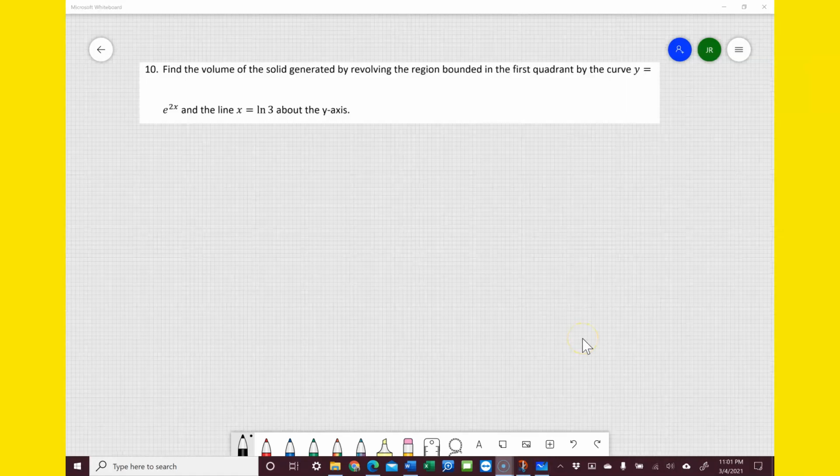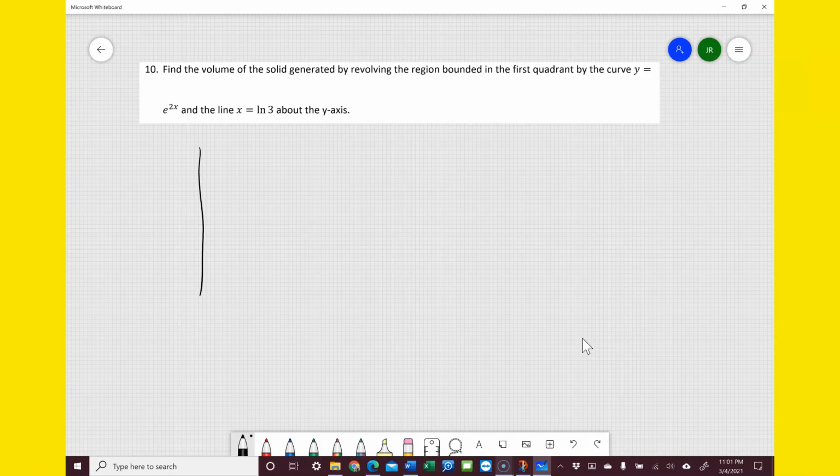Alright, number 10. This problem is harder than I want it to be, but let's do what we can on it. The volume of the solid generated by revolving the region bounded by the first quadrant and the curve y equals e to the 2x and the line x equals ln 3.